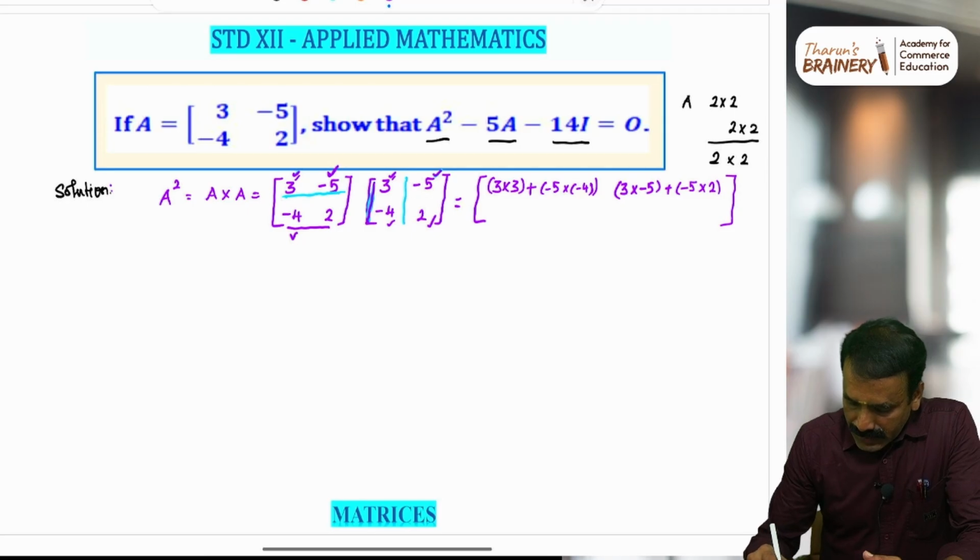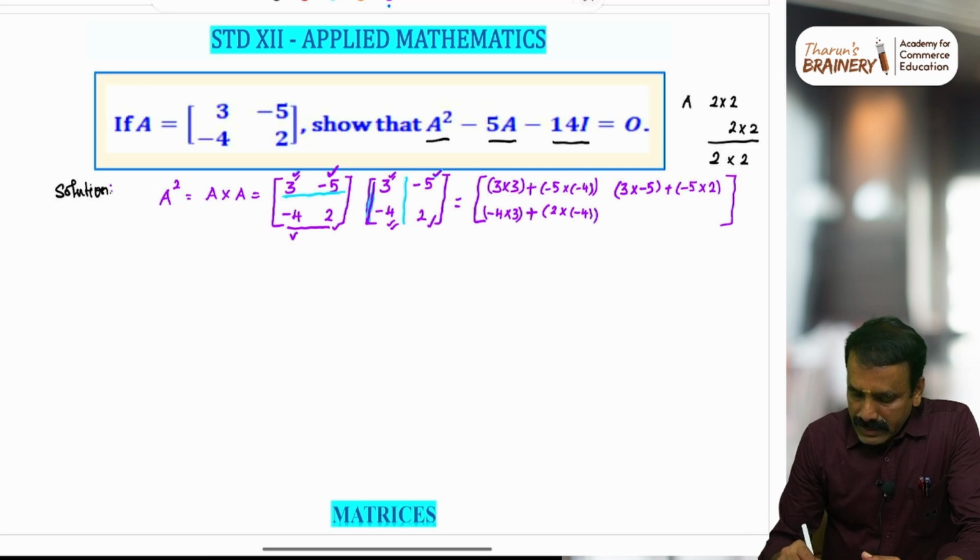So minus 4 into 3. Plus second element is multiplied with the second element. 2 multiplied with minus 4. So I multiplied the second row elements with first column elements.